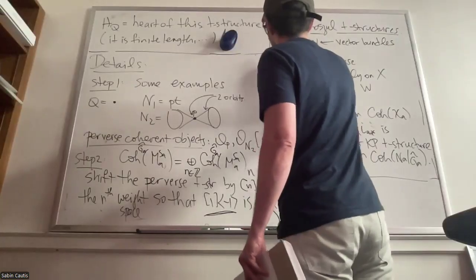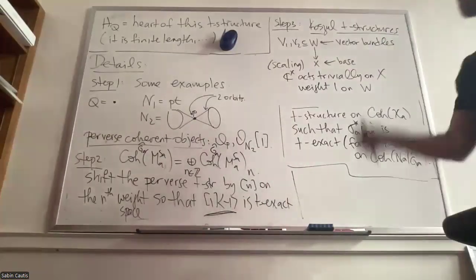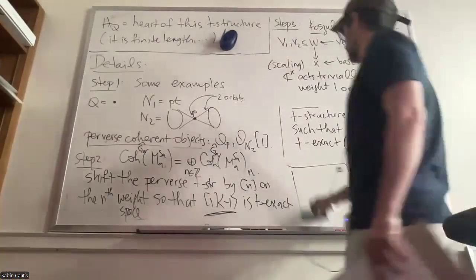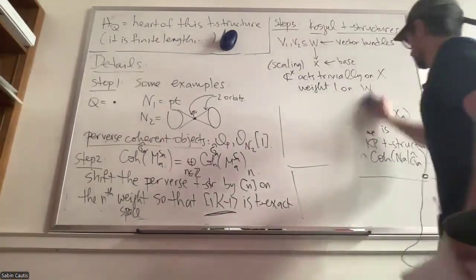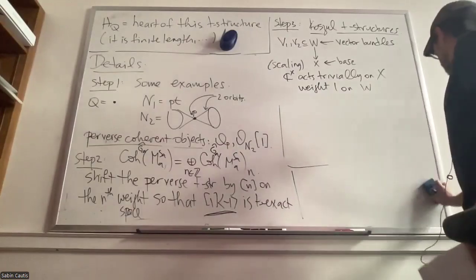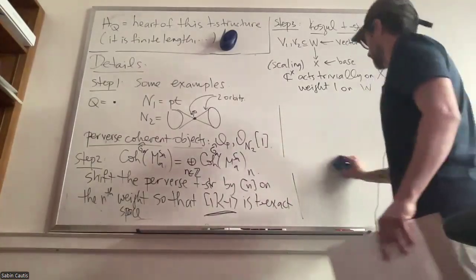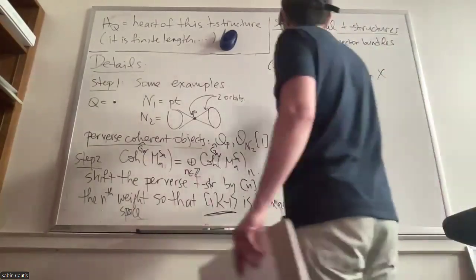It's supposed to be exactly our earlier scaling C star, but I'm just thinking of it as a general situation where this is the input that you need. Okay, that's the setup.